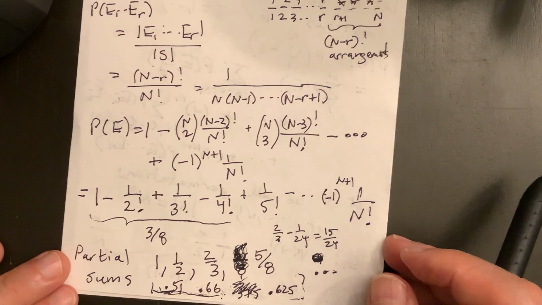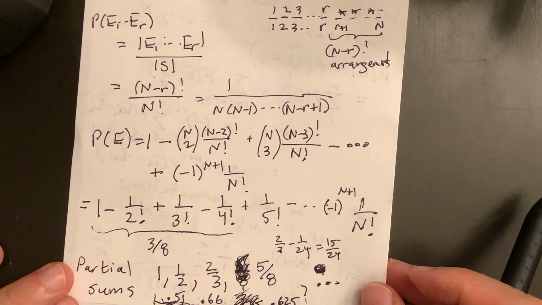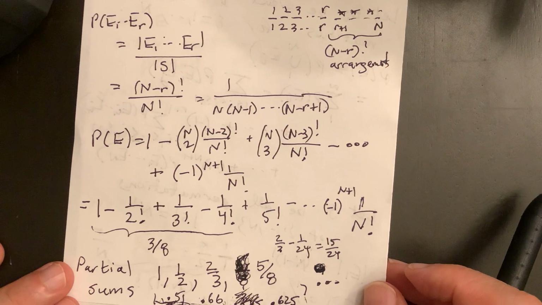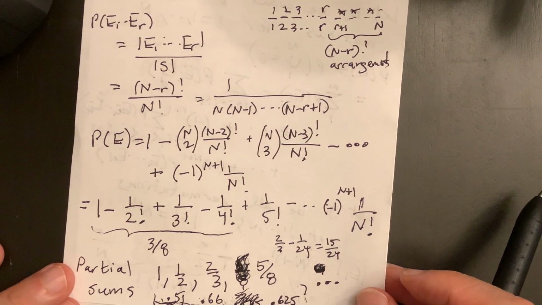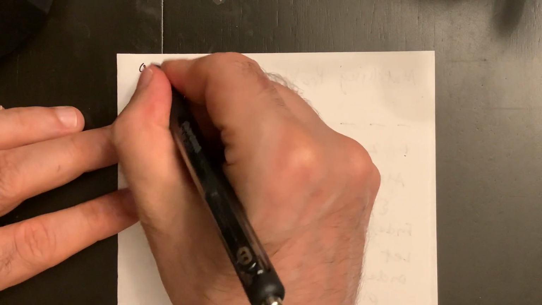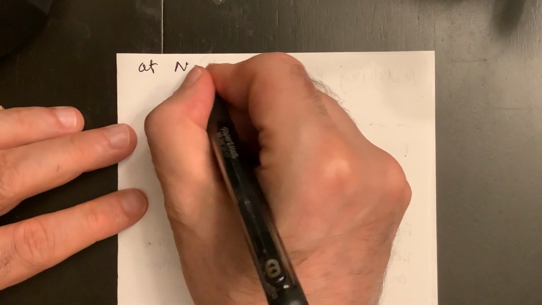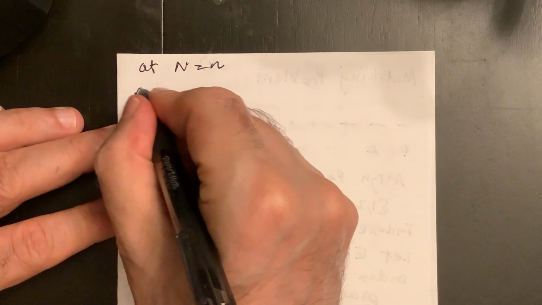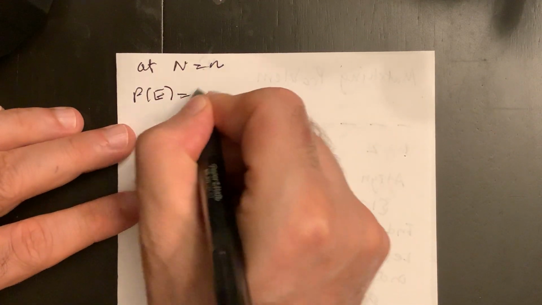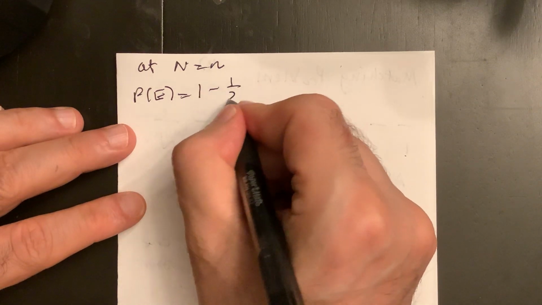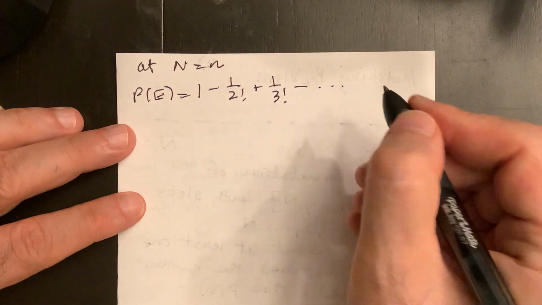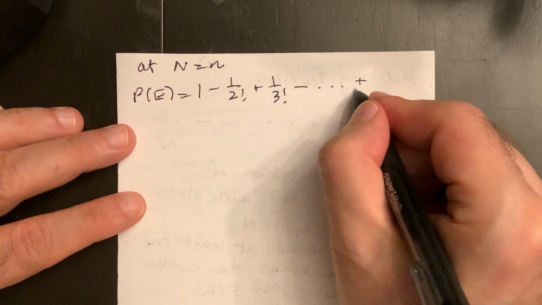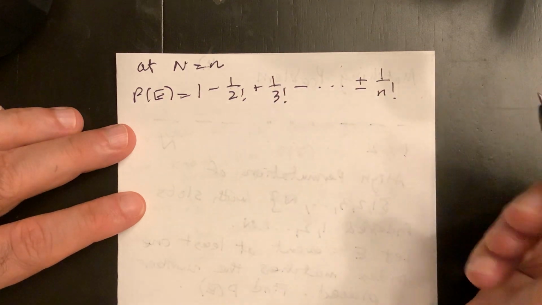If we want to find the actual limit as n goes to infinity, it's not too hard. We can just write it like this. We have, say, little n, and the probability is equal to 1 minus 1 over 2 factorial plus 1 over 3 factorial minus dot dot dot plus or minus 1 over n factorial.